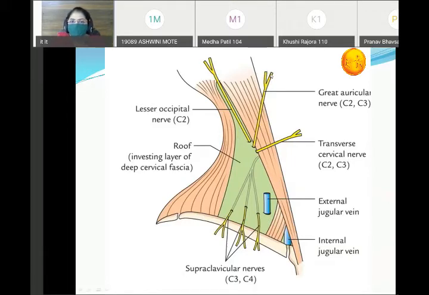It is connected with the fibers of the auriculotemporal nerve.